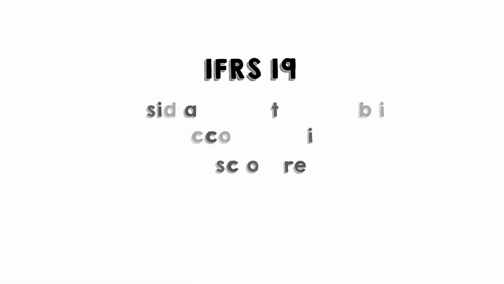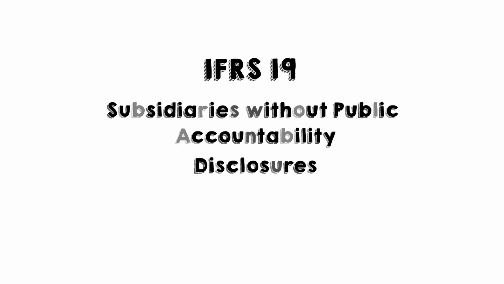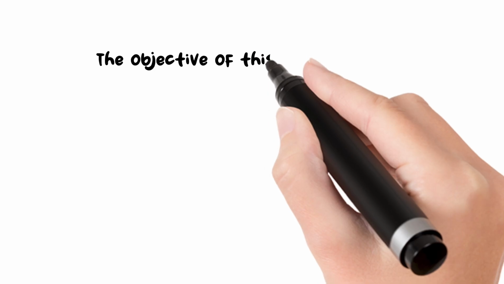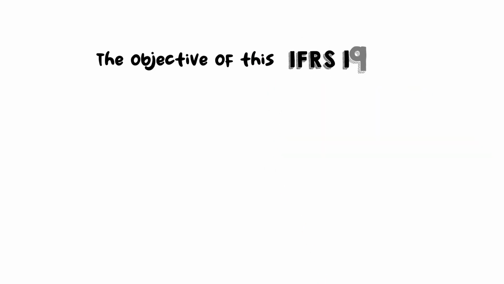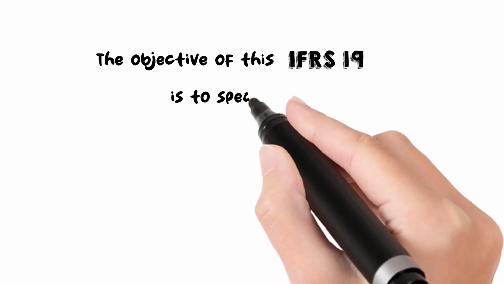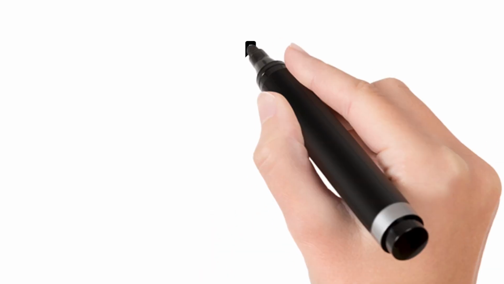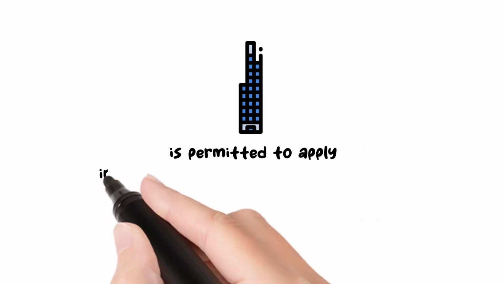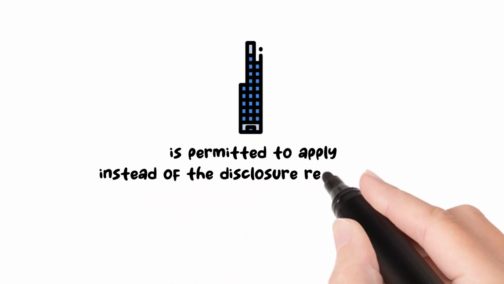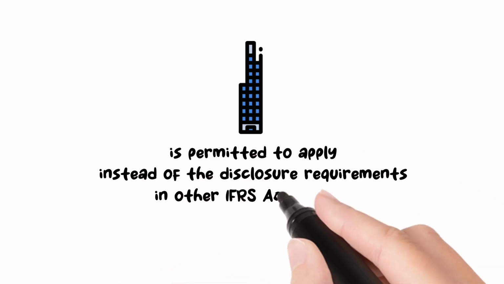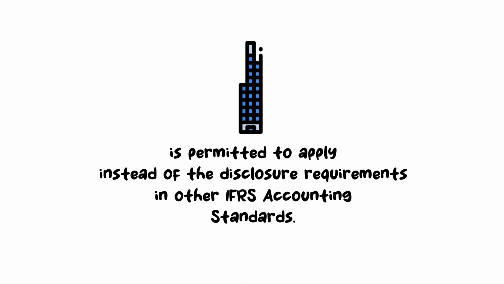IFRS 19. Subsidiaries without public accountability disclosures. The objective of IFRS 19 is to specify the disclosure requirements that an eligible entity is permitted to apply instead of the disclosure requirements in other IFRS accounting standards.